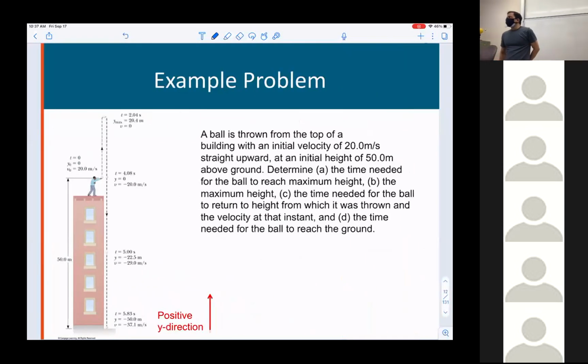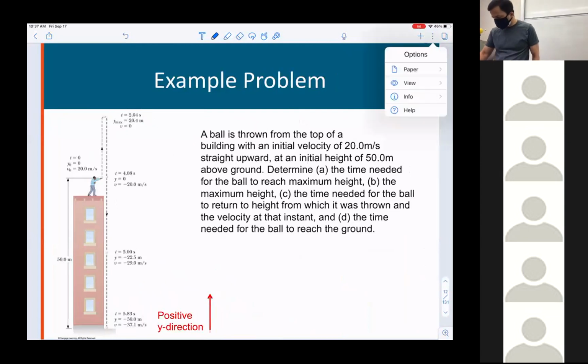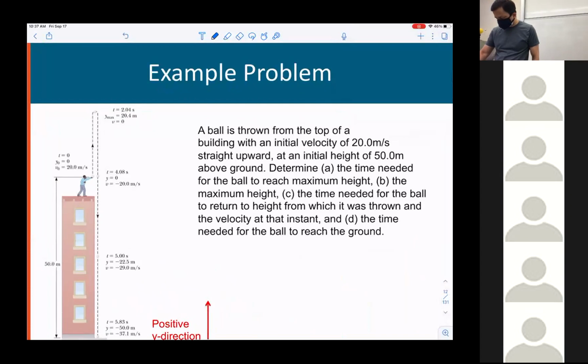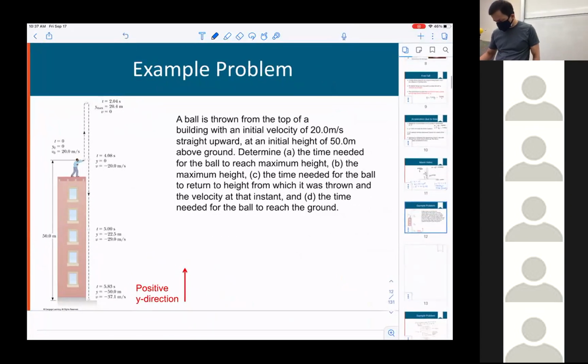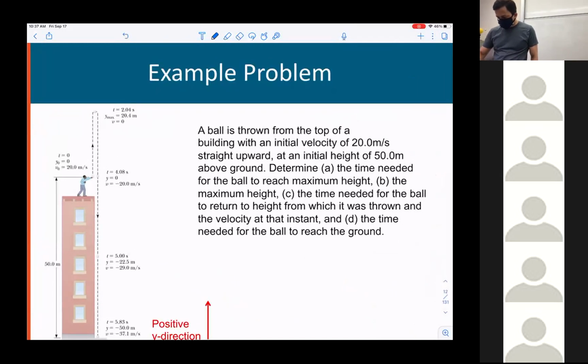Okay. So let's do an example problem here. In this problem, what are we told? A ball is thrown up from the top of a building.